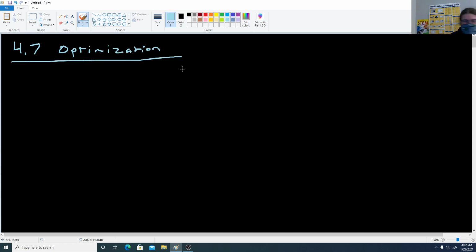All these optimization problems, basically, there's going to be kind of 4 steps we do each time. Step 1 is get the equation that we're dealing with. Step 2 is set an interval for the equation that makes sense. Step 3 is find critical points.